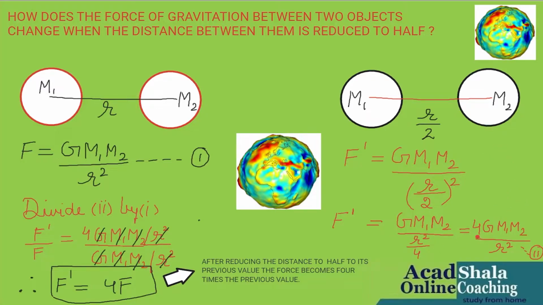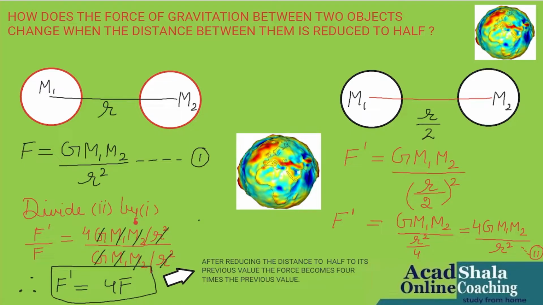After solving further, I get this expression as 4G m1 m2 upon r square. So this is the second equation, and this is the first equation. Now what do we do? Now I will divide the second equation by the first equation.